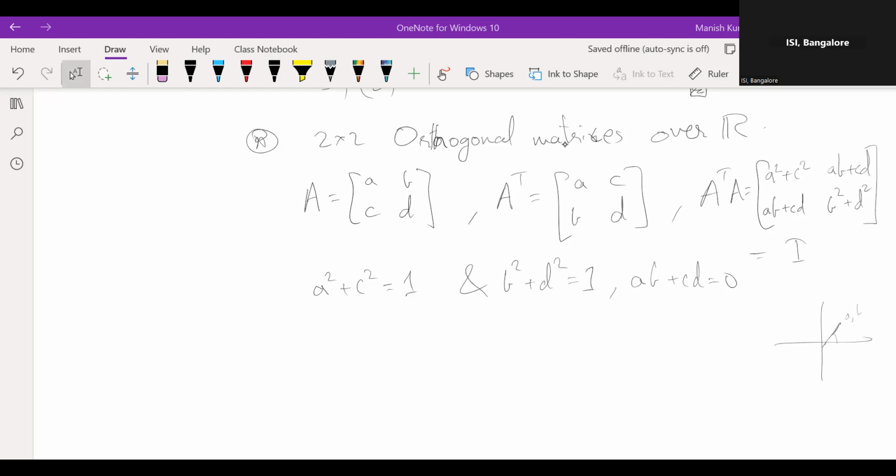So A must be cosine theta and C must be sine theta. This is how the columns of A must be an orthonormal basis.